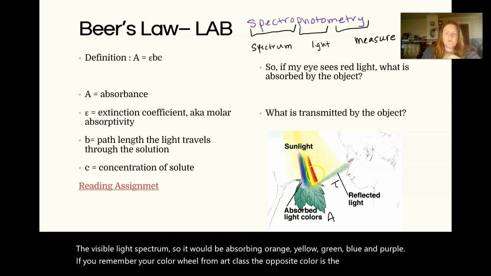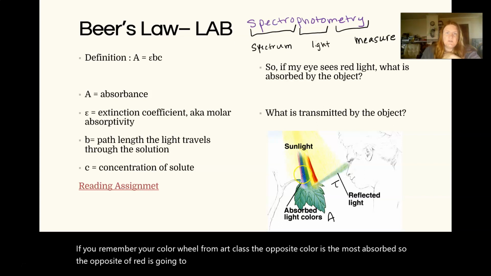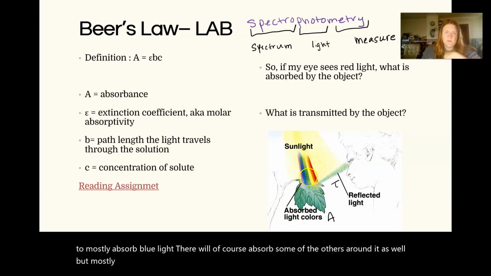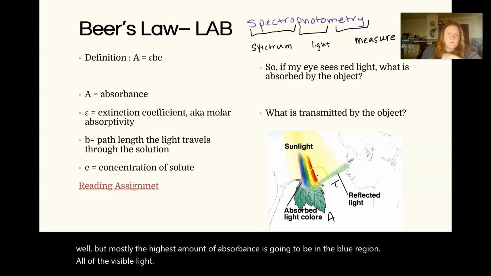So the opposite of red is going to be blue. So we would expect that your red sports drink is going to mostly absorb blue light. It will, of course, absorb some of the others around it as well, but the highest amount of absorbance is going to be in the blue region of the visible light. And that's why we see red.